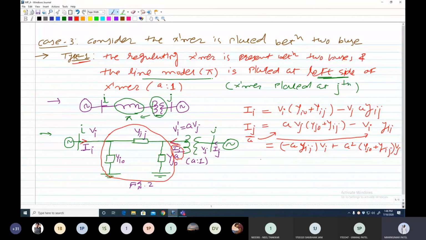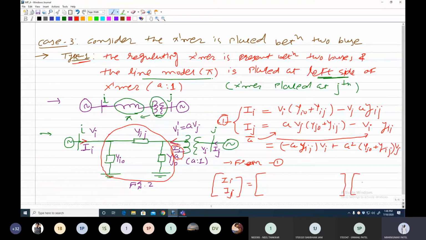Just see the equation. From equation number 1, in matrix form we can write Ii, Ij. Can anyone help me to write down this admittance matrix by considering this transformer at jth bus, with Vi and Vj?